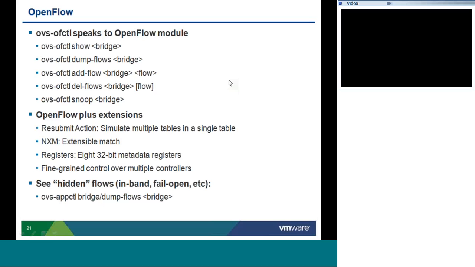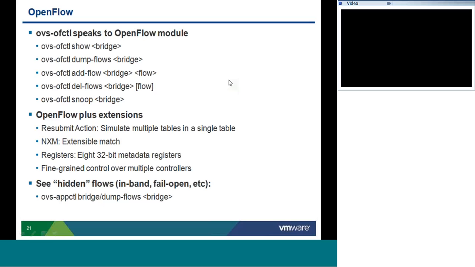OpenFlow is configured per bridge. So if you have 3 bridges and you configure them all to talk to the controller, there would be 3 separate OpenFlow connections that all point up to that controller. So this is local to a bridge, so you have to specify what bridge you want for the OpenFlow commands.